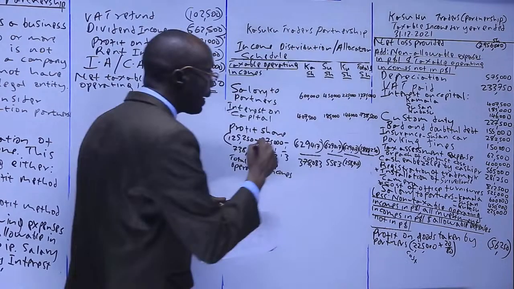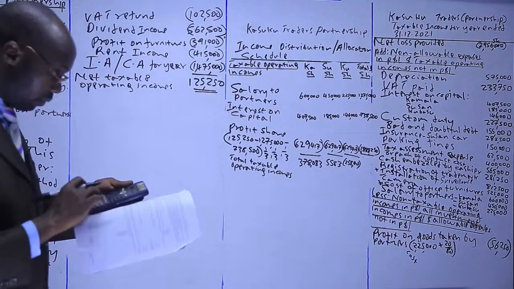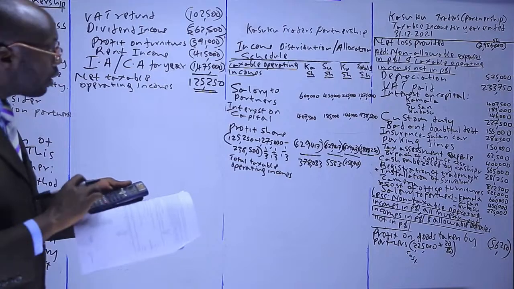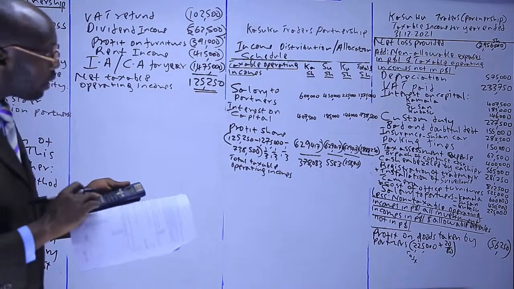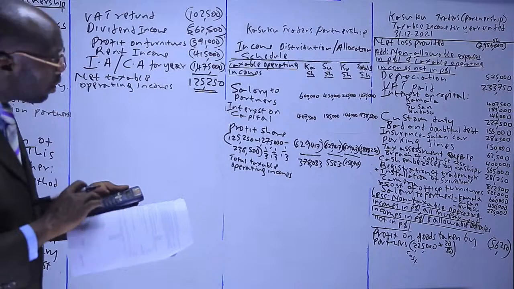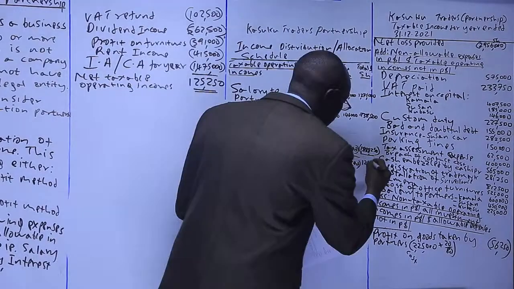Then now we get the total, which would be 1,275,000, and then we add 738,500, and then we minus 1,888,250, which we get 125,250.